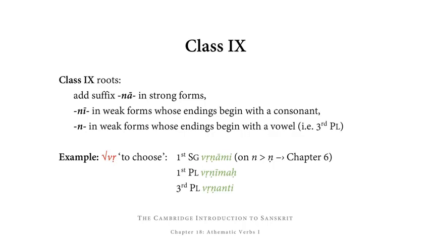So for example, from ver to choose, not to be confused with ver to cover, which was class 5, ver to choose, which is class 9, has a first singular vernami, a first plural vernimach, and a third plural vernanti. Again, we have internal sandhi here, namely from dental n to retroflex n, and that's actually the next thing that we're going to look at, internal sandhi in athematic verbs.